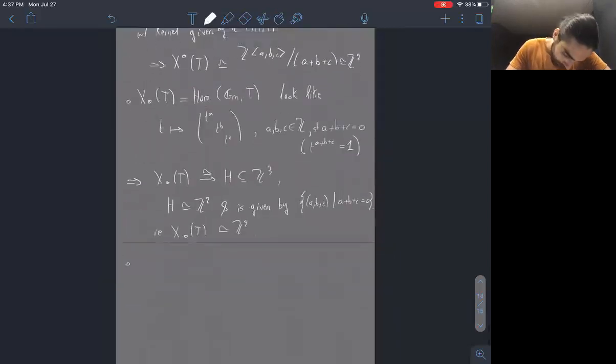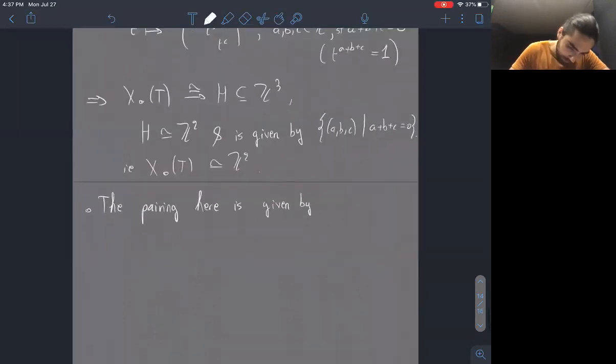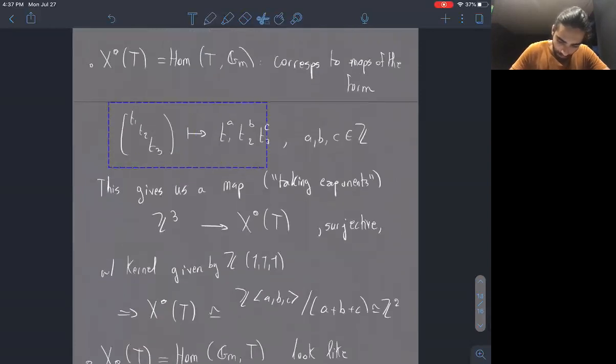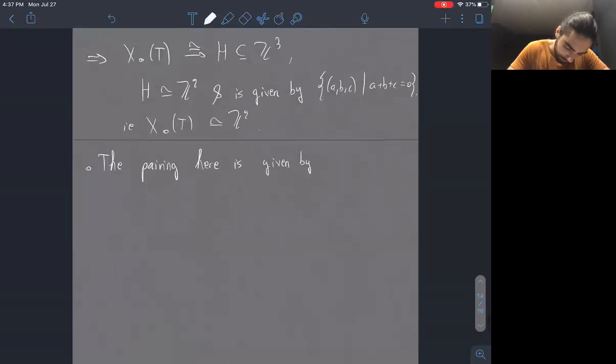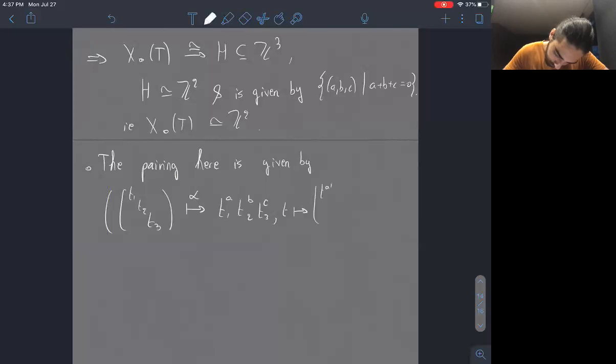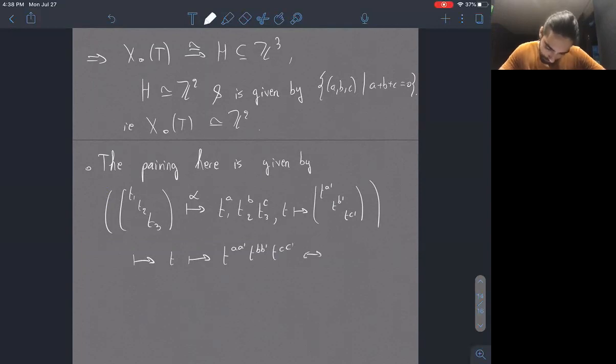And now for the pairing. Pairing here is given by taking a weight and a co-weight, and I compose them to get g goes to, and if you do the composite, you get g to the A prime, g to the B prime, g to the C prime, which is identified with the integer A prime plus B prime plus C prime.